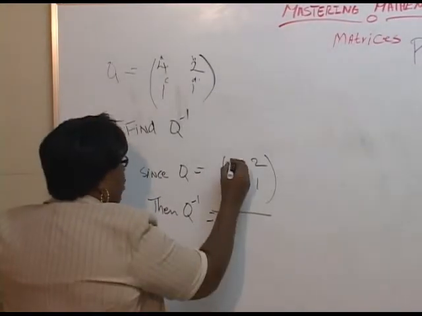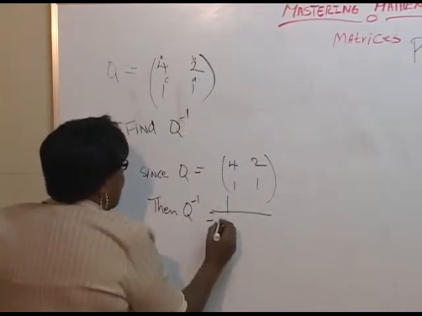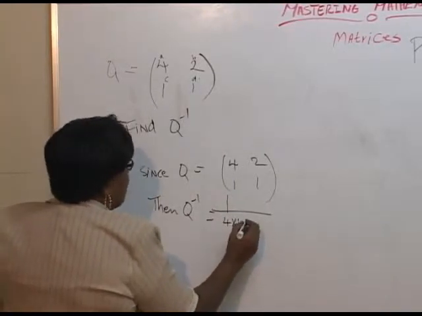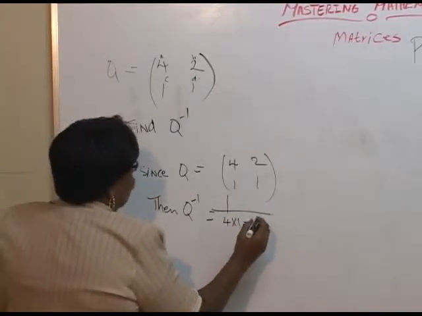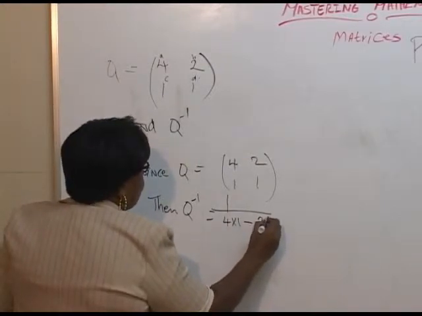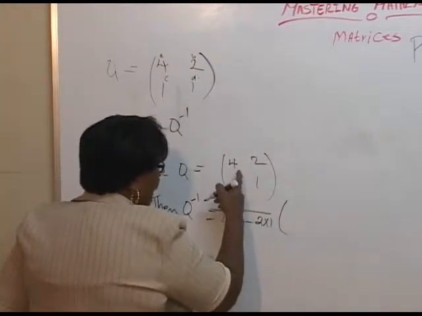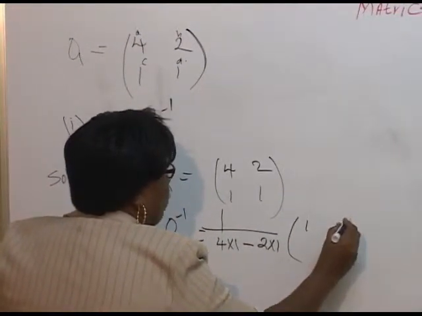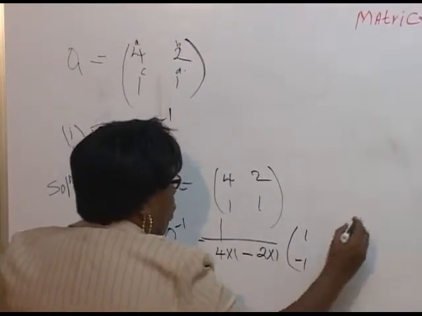So our a times d, which would have been 4 times 1, minus bc, which would be 2 times 1, times the adjoint, interchange 1, 4, negative 2, negative 1.